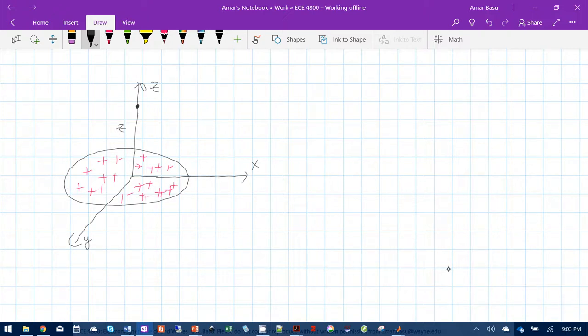And the disk has a radius b. So this is b. So the hint is you have to add up the contributions of all those charges. What would be the logical next step here? Let me just erase some of these charges to make it less cluttered.